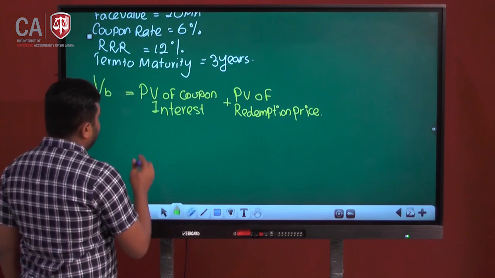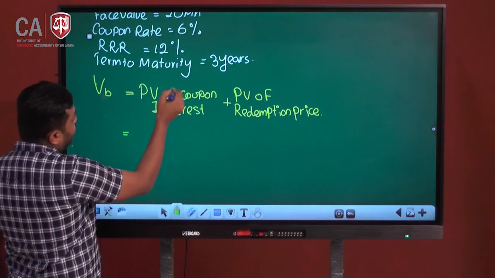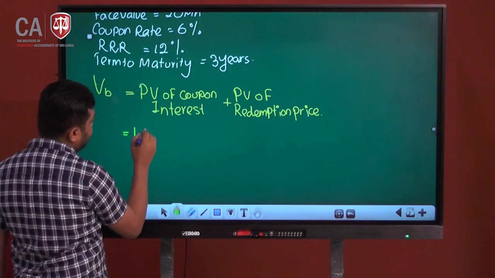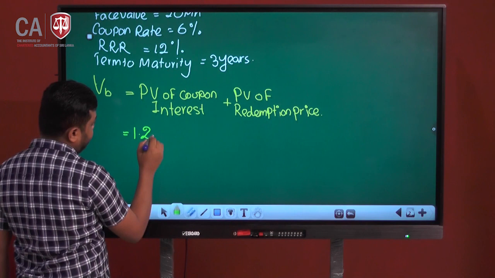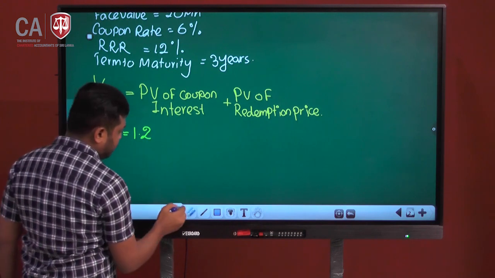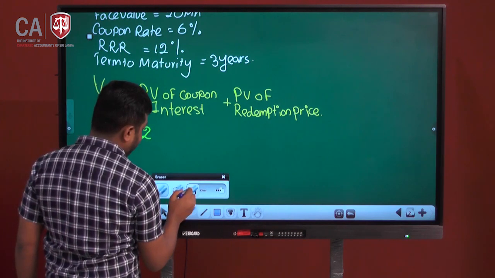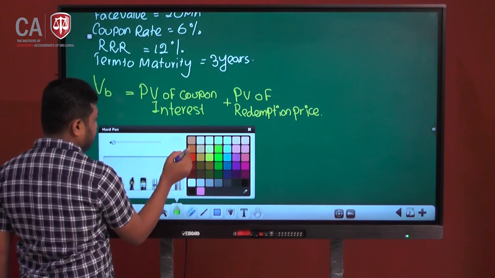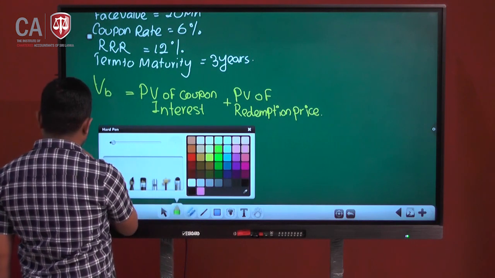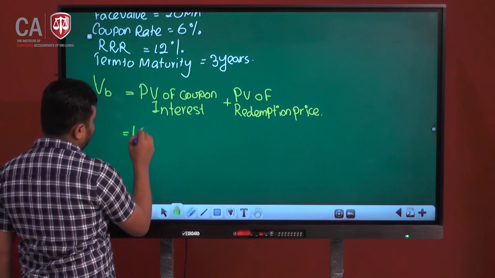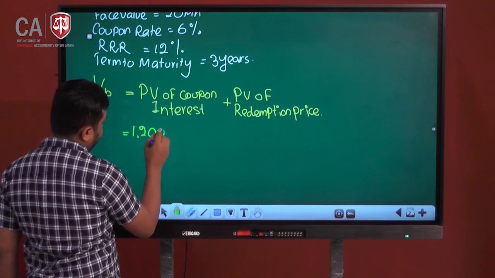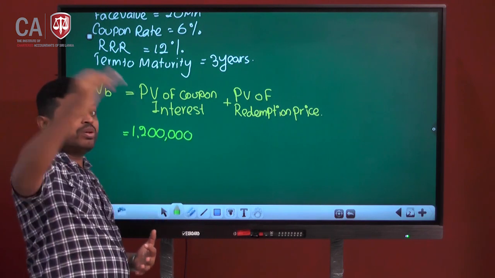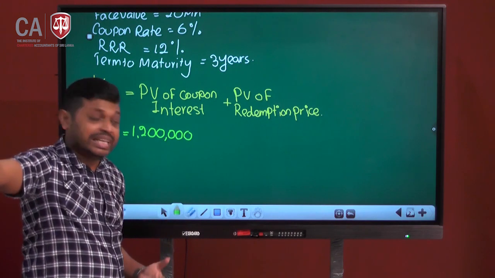Interest 6% over 20 million is 1.2 million, or you can write it down 1.2 as it is. 1,200,000, that is the interest per annum. It will be received over a period of 3 years.